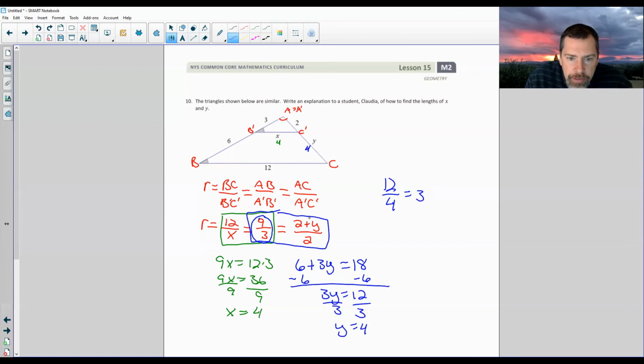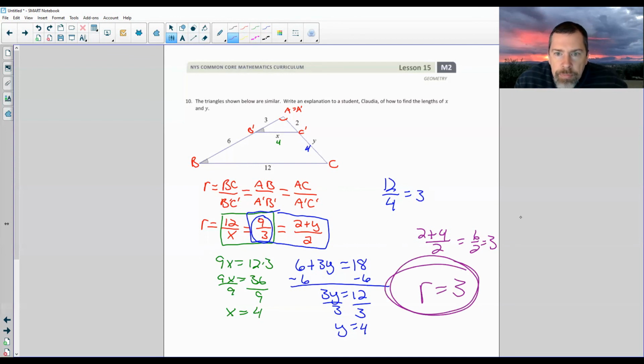And then finally, right here, take my 2 plus my Y, which was also 4, over 2, and that is going to be 6/2, which is also 3. So my R is 3. So the length of X is 4, and the length of Y was 4.